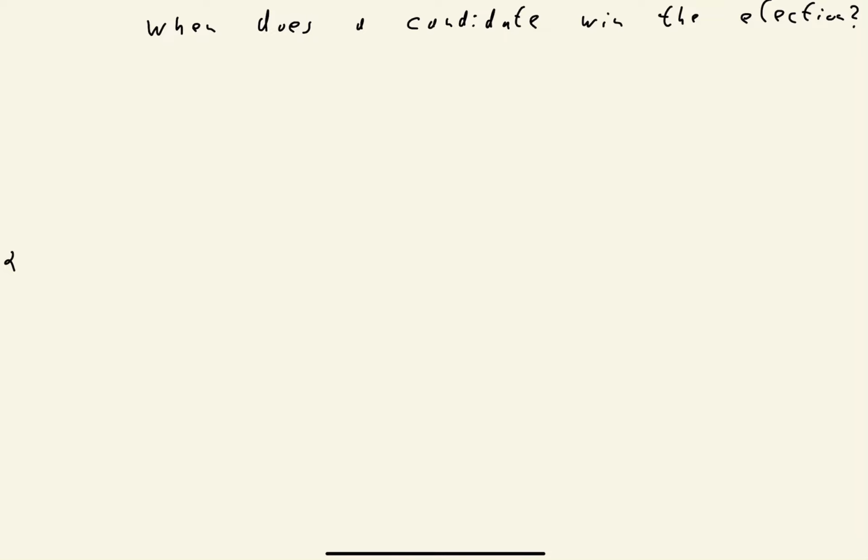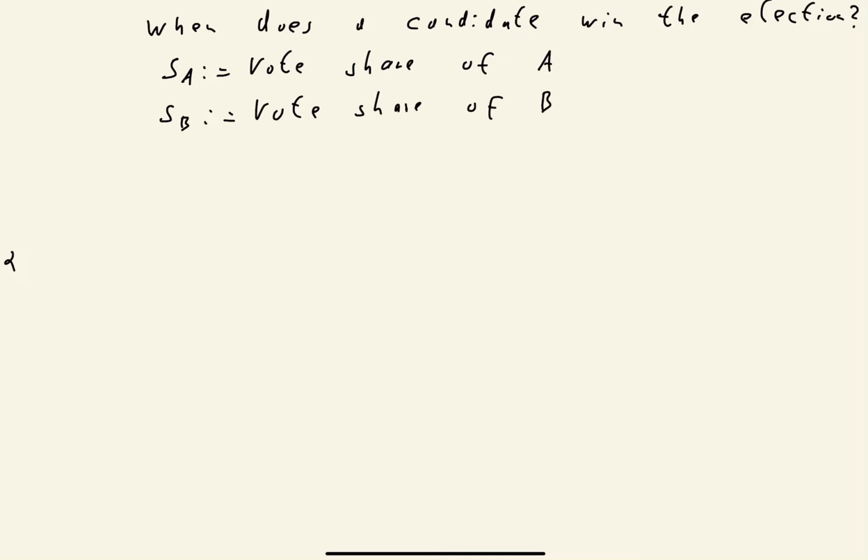Let us denote by SA the vote share of A, and by SB the vote share of B. Therefore, A wins with certainty if SA is larger than 1/2.